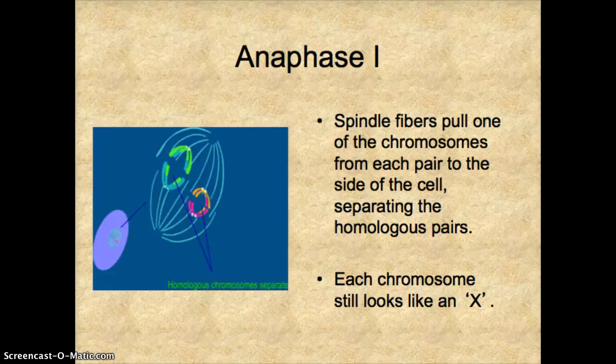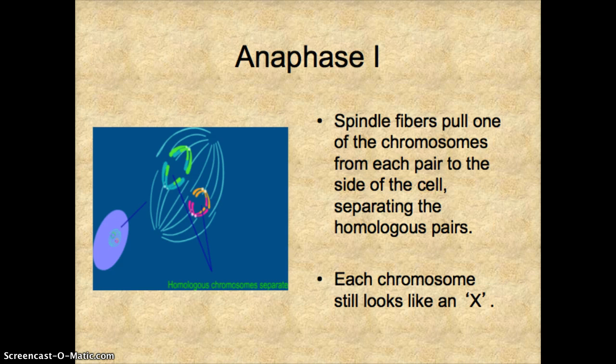Sister chromatids remain attached, so we're moving entire chromosomes, the original and the chromatid, to the poles. When anaphase 1 is complete, you'll have one full set of chromosomes at each pole, and each chromosome still looks like an X, meaning that the sister chromatids are still attached.